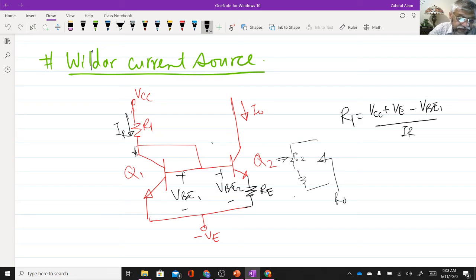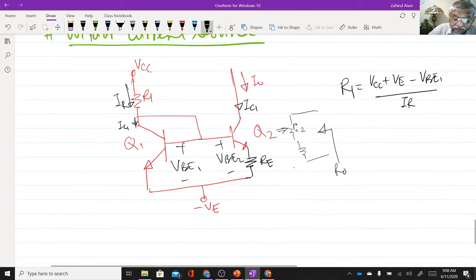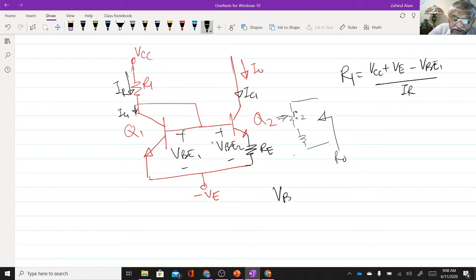So now IC1, this is IC2. Now in this case, VBE1 is not equal to VBE2 because there is a resistance.